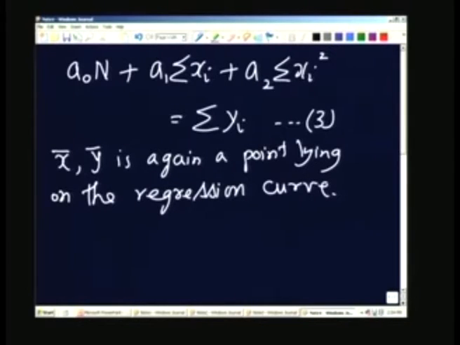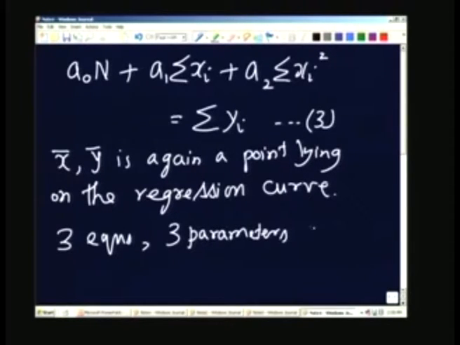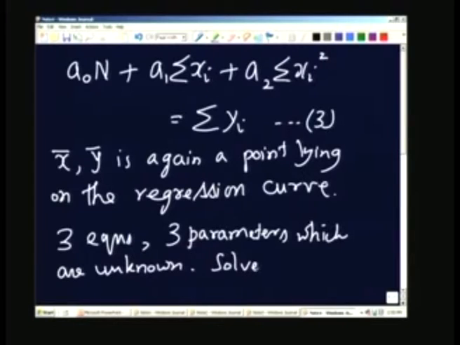So, we have 3 equations and 3 parameters which are unknown, and we can easily solve for these by using Cramer's rule, or by successive elimination, solve by any suitable method.